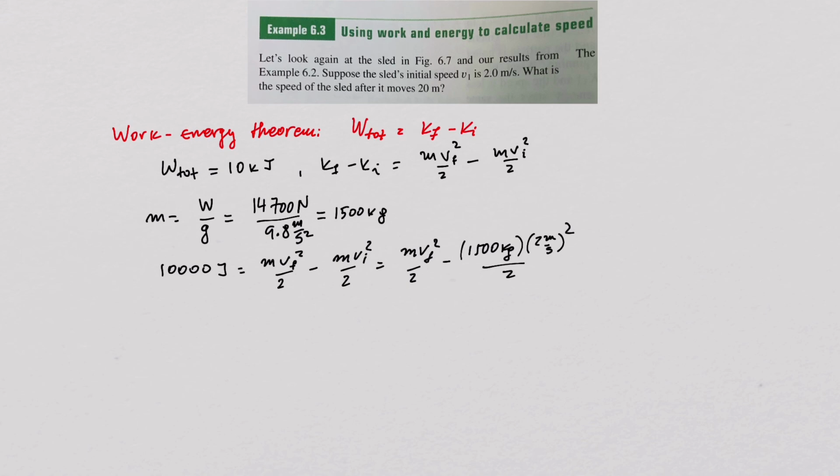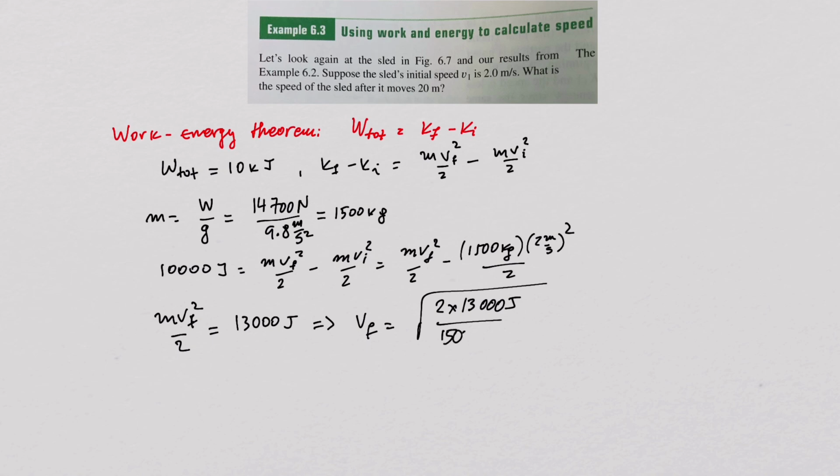So from here we get that m v final squared divided by 2 is equal to 13,000 joules. From here, solving for the velocity, that is the square root of 2 times 13,000 joules divided by 1,500 kilograms, which is equal to 4.2 meters per second.